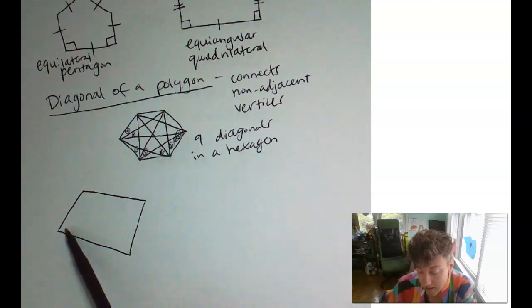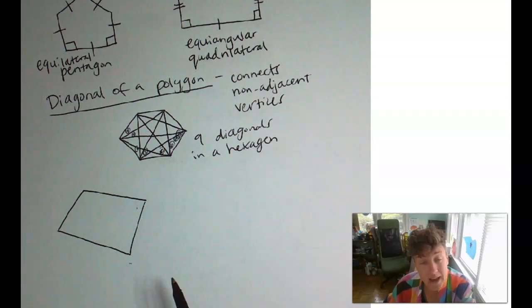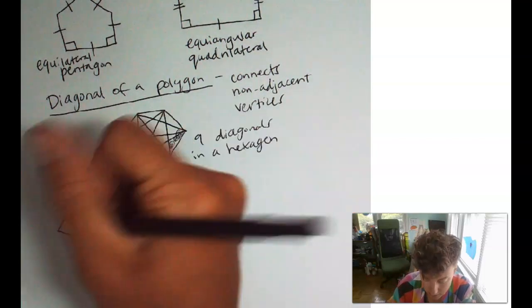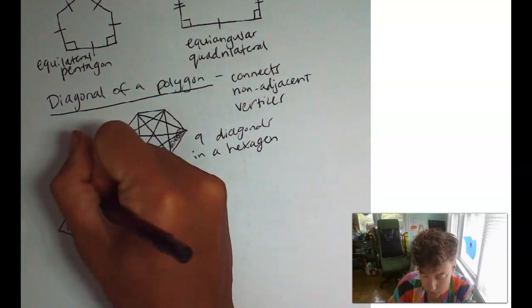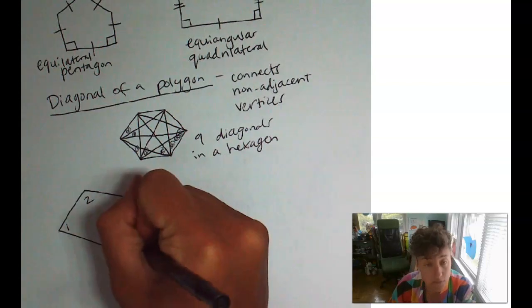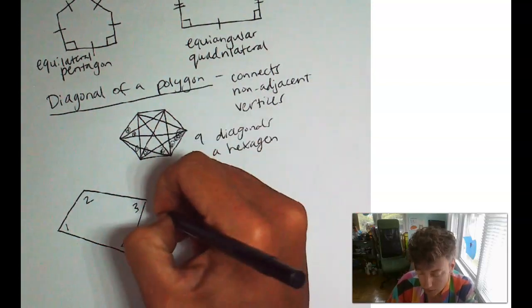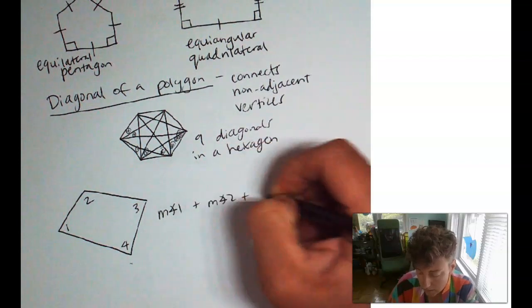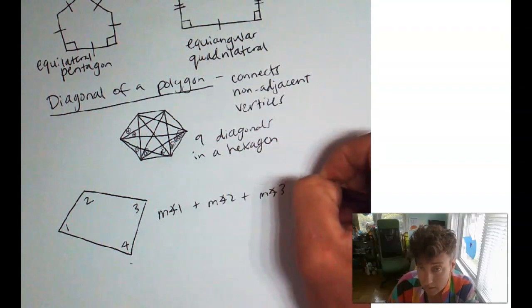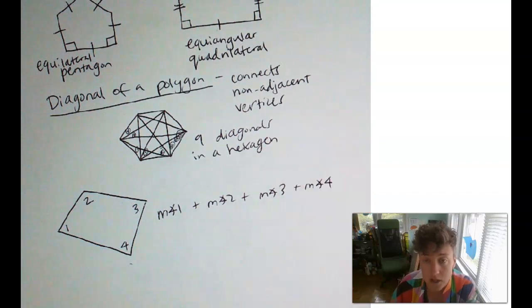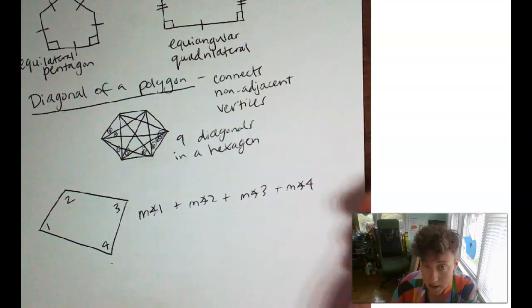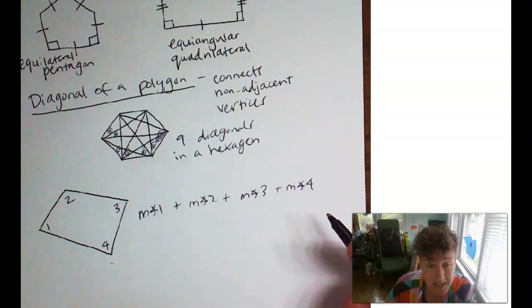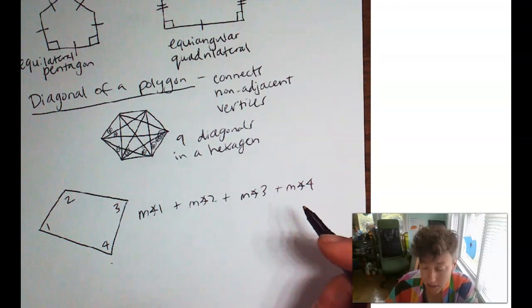And the angles inside a quadrilateral also add up to 360 degrees. So if this is angle 1, angle 2, angle 3, and angle 4, the measure of all of these angles, run off the page yet? We're doing good. Add up all those angles, you'll get the same amount of degrees you would in a circle.